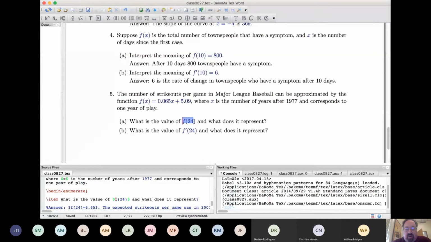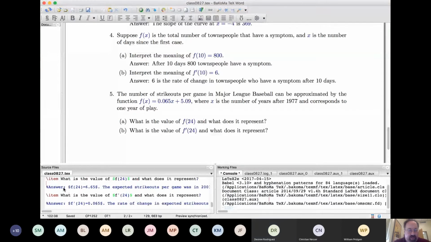So f of 24, what would it represent? It would be the number of strikeouts per game after 24 years from 1977. Yeah, so 1977, and then add on 24 years.